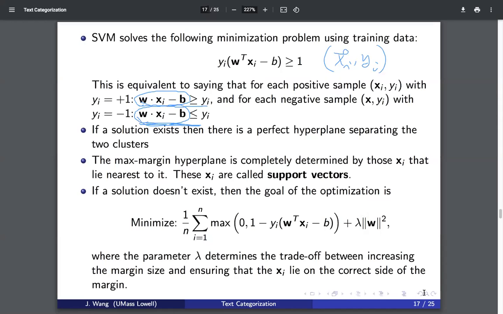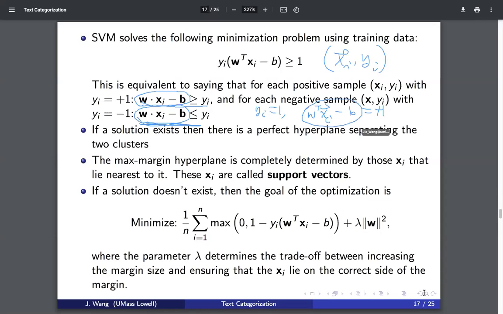Yet they are still equal, because you want it to be equal, right? So in other words, if yi is 1, you want it to be equal, which means I want wT xi minus b equal to 1. But of course, our goal here is that we want to minimize this part.